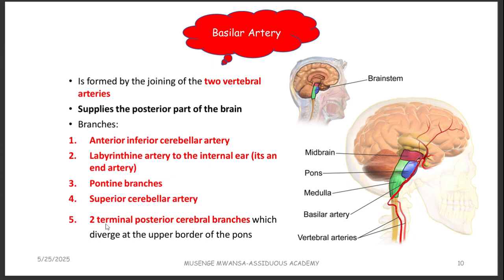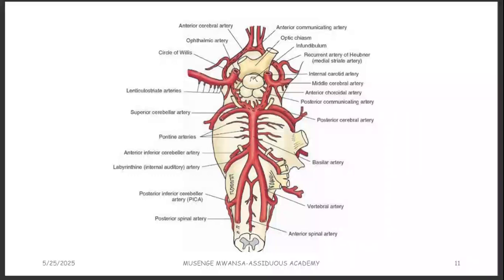And then you have got two terminal posterior cerebral arteries. Remember, the cerebral ones come from the basilar, the posterior ones. So this is how this structure is. To just orient you, down you are supposed to have a spinal cord, and then as you are going up, you have got the medulla oblongata, and then you have got the pons.